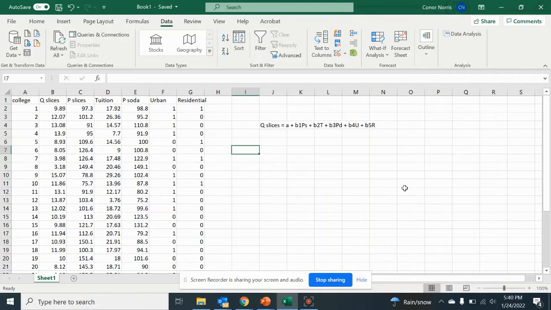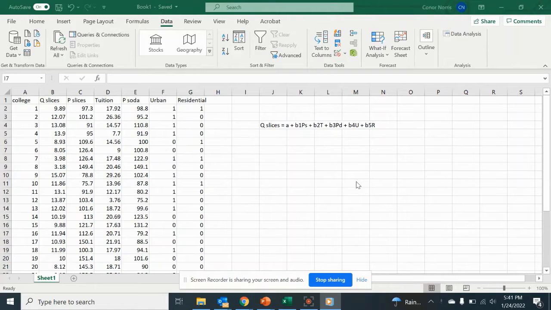That's the tuition in thousands of dollars. So for that first school, it's $17,000. The P soda or P soft drink in your book is the average price of soft drink, again, in cents instead of in dollars. And then we have dummy variables for whether the school is urban versus suburban and residential versus commuter.